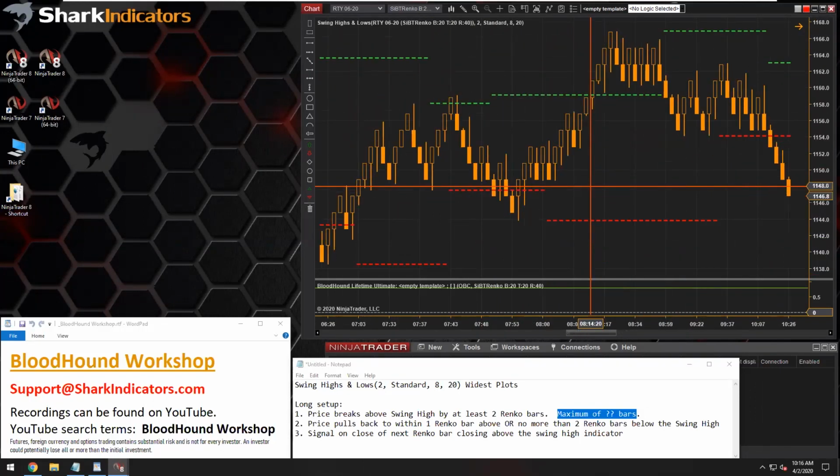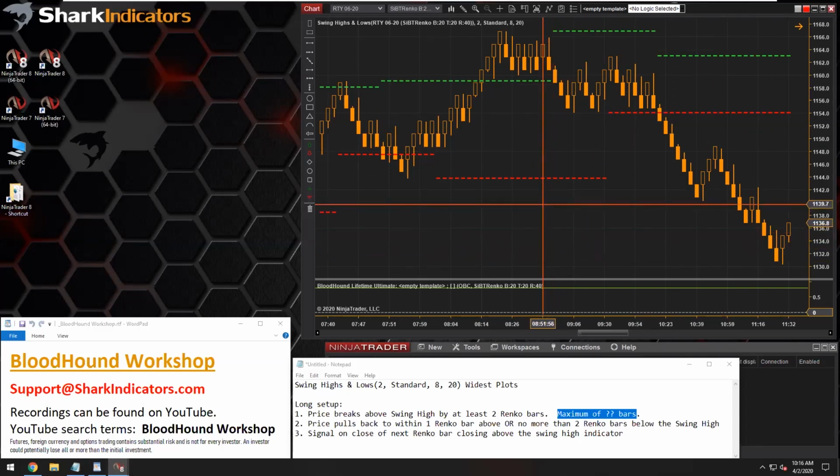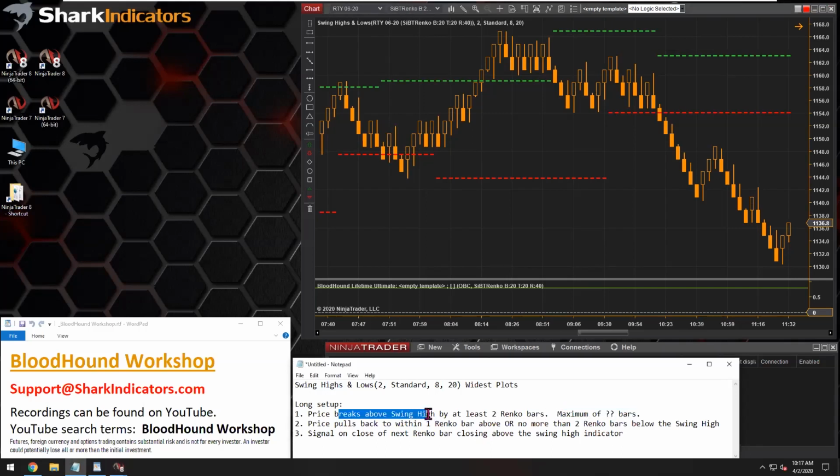Most likely that's not going to be a problem, but usually when you're coming up with trading rules, maybe visually you understand when a setup is no longer valid, but you need to tell a computer when something is no longer valid. So usually when you're looking for various conditions, you will also need to come up with a maximum number of bars that the condition is valid for.